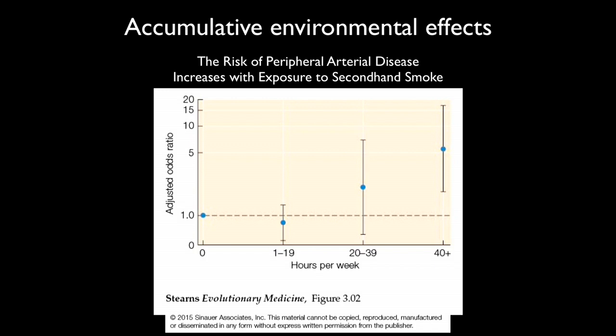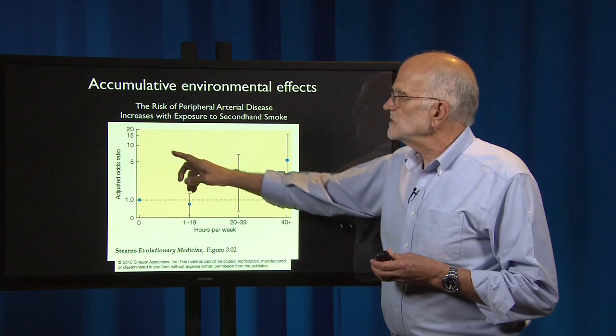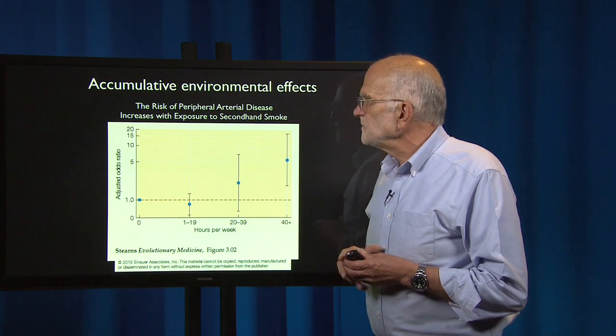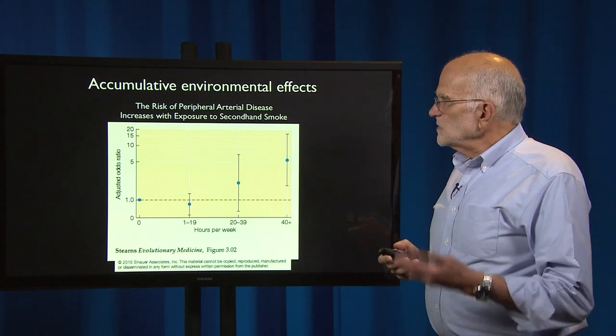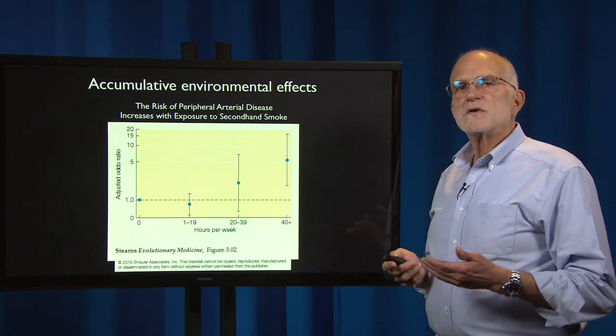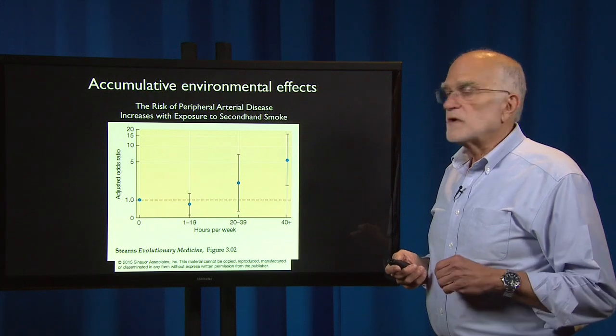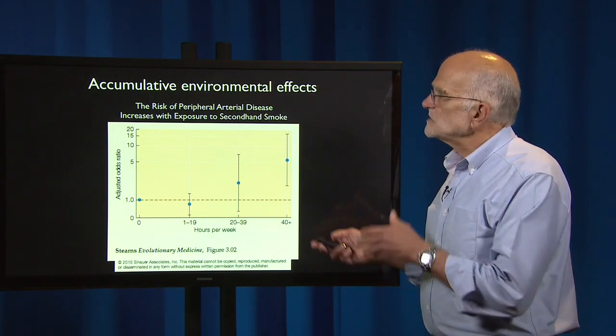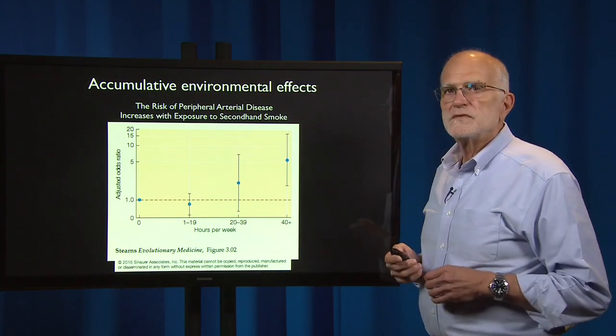And you can see that up to about 20 hours a week, it's not making too much difference. But from that point on, it climbs, and it's actually climbing exponentially. So it's curving upward on a regular graph. This is an exponential axis. And increased exposure to secondhand smoke is causing increased risk of peripheral arterial disease. That is a standard kind of accumulative environmental effect.